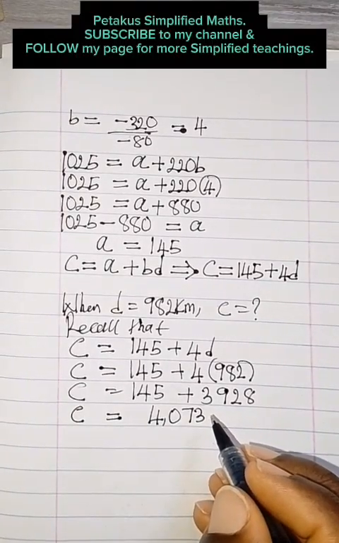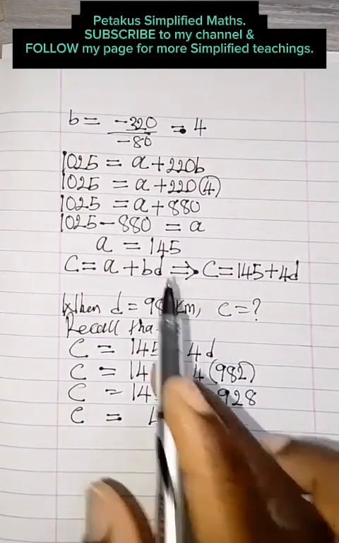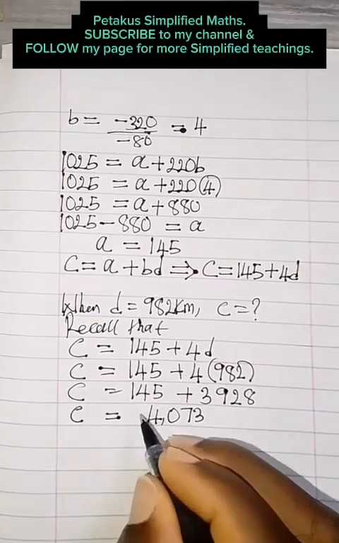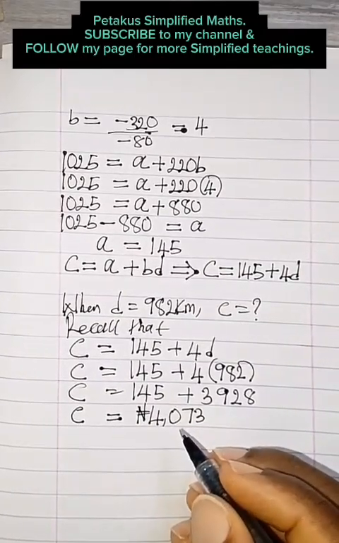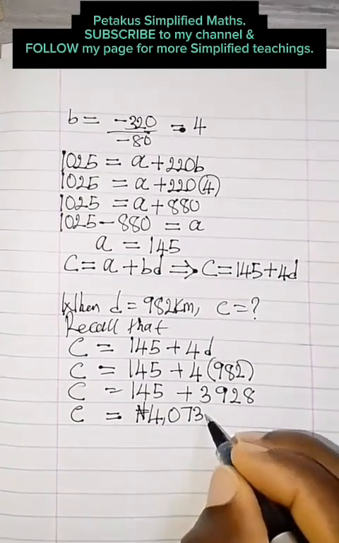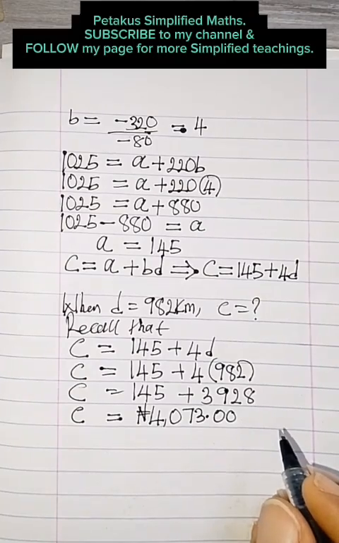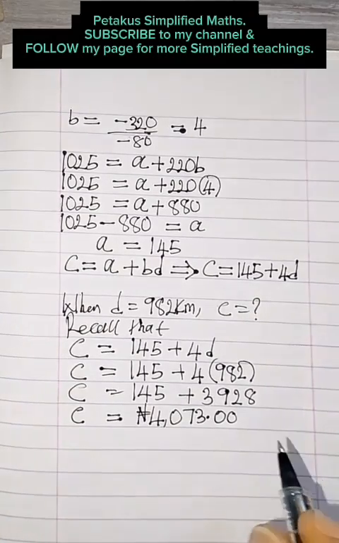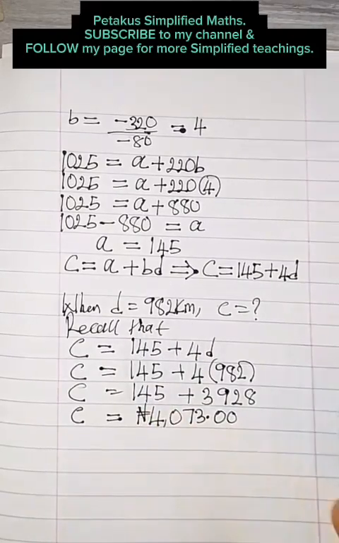If we write this in terms of the units of money given here, we're going to have 4,073 naira 0 kobo. That is the cost to cover this distance.